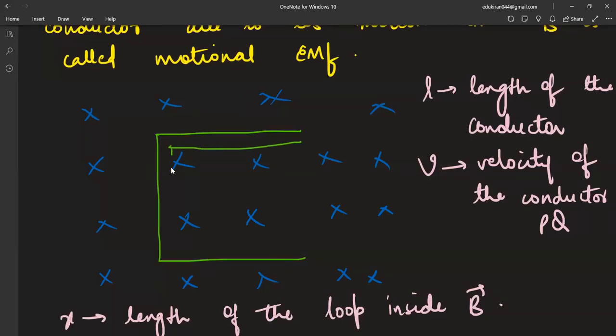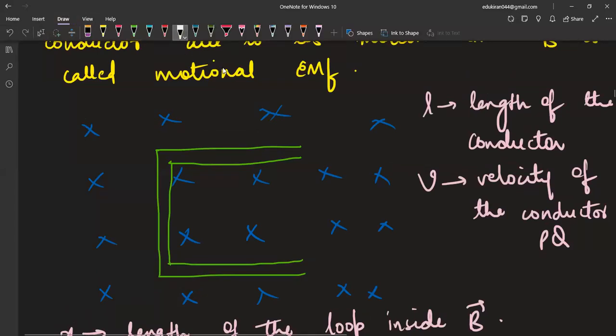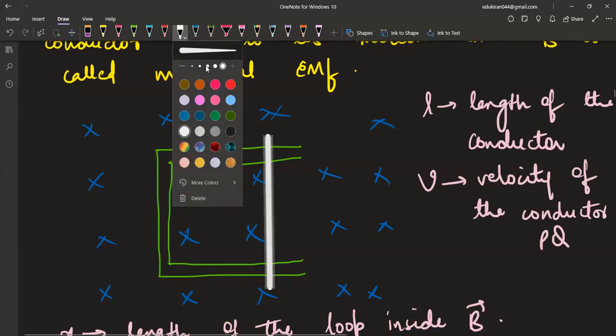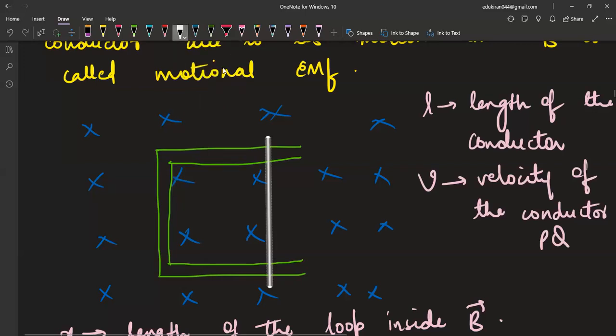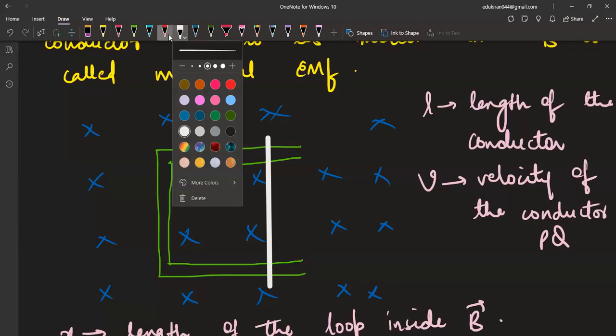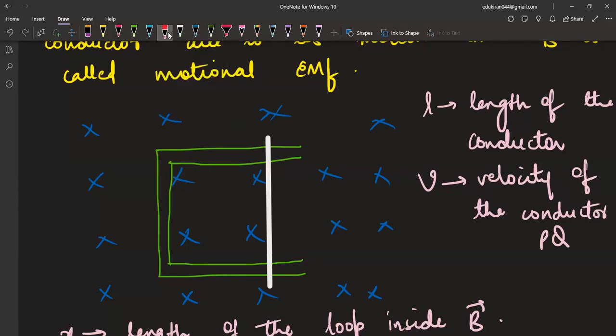Let's take a rectangular conductor. Towards its end, this is the conductor, just a rectangular strip that I have used.